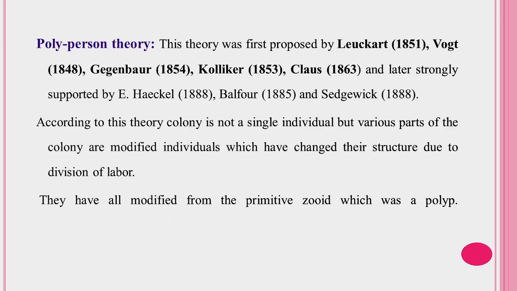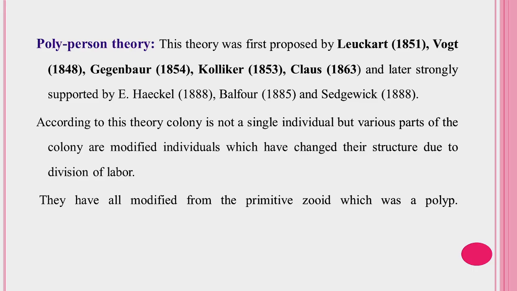The second theory is the polyperson theory. This theory was proposed by Leuckart, Vogt, Gegenbaur, Kolliker and Claus, and was later supported by Haeckel, Balfour and Sedgwick.